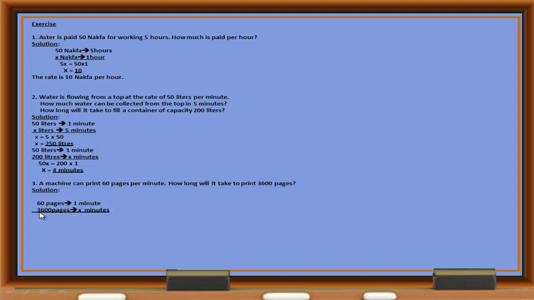For 3600 pages, it will take x minutes. Time is required. X times 60 is 60x. 3600 times 1 is 3600. Divide both sides by 60.